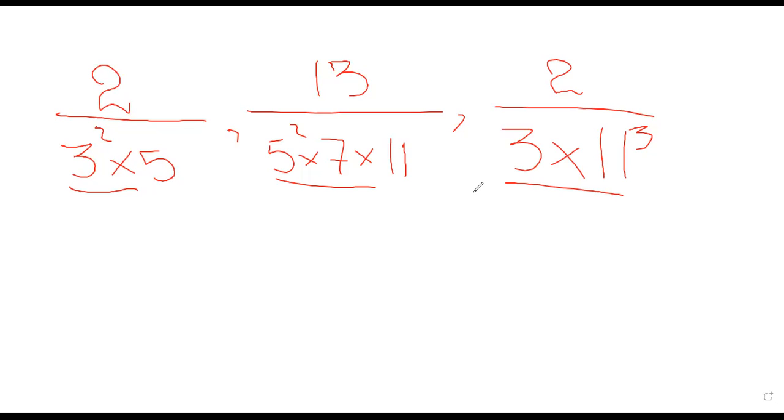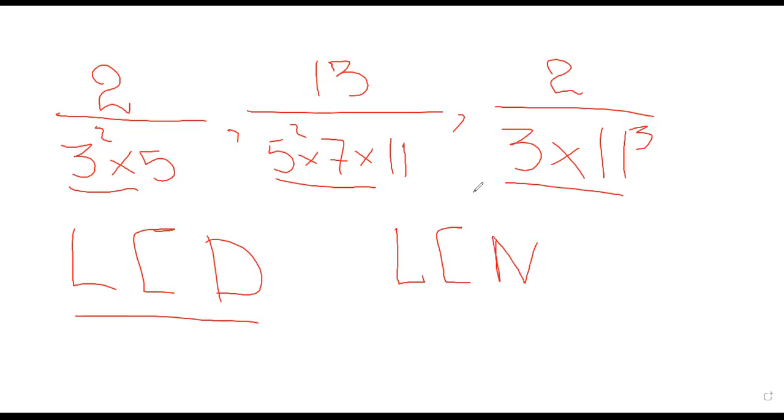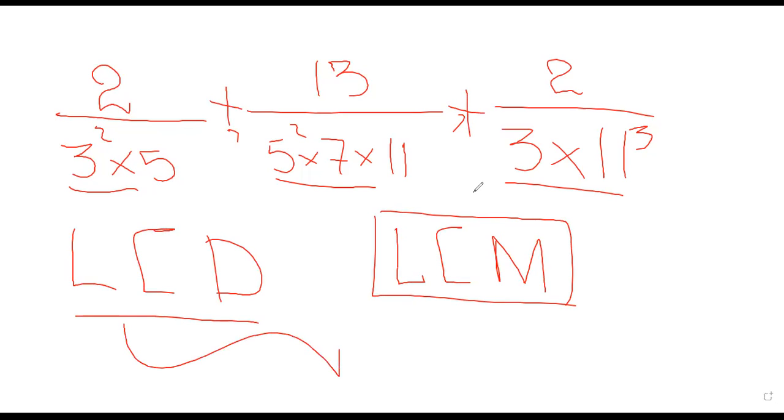Actually, the LCD, what I am calling the least common divisor, or we can call it LCM, the least common multiple. Both are used interchangeably. So when you are going to solve these, let's suppose I am putting the plus over here. You must get a denominator that is divisible by each and every denominator of the given fractions.